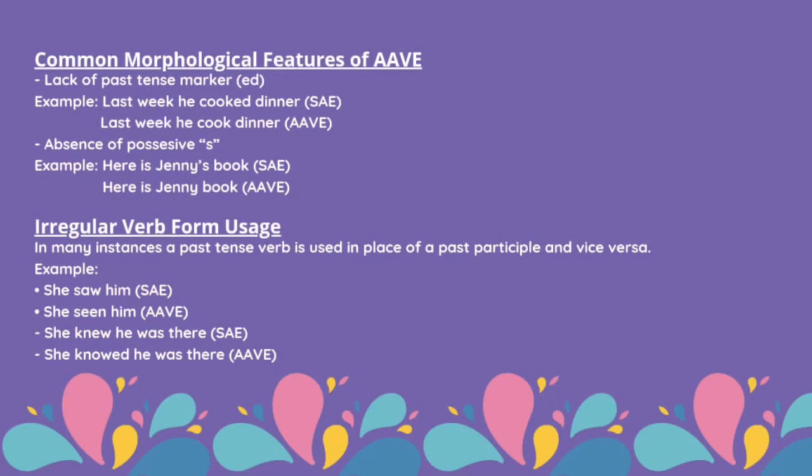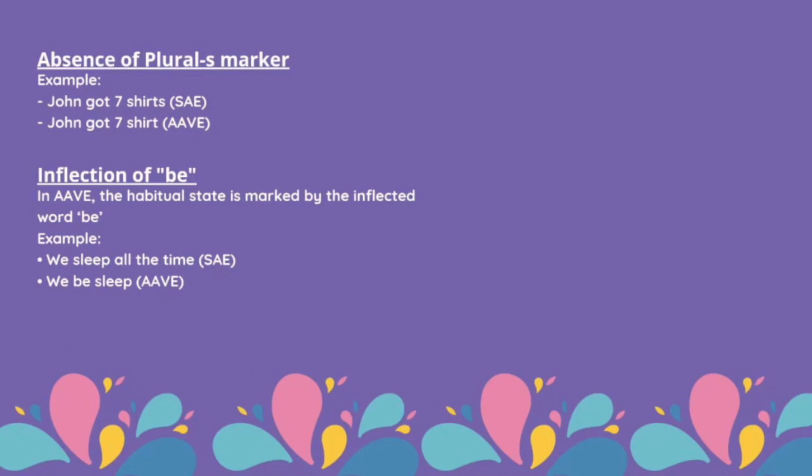Another example is she knew he was there is the standard for standard American English, and she know he was there is the standard for AAVE. Next, absence of plural s marker. Example, John got 7 shirts is the standard for standard American English, and John got 7 shirt is the standard for AAVE.